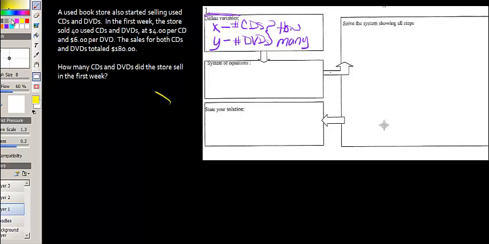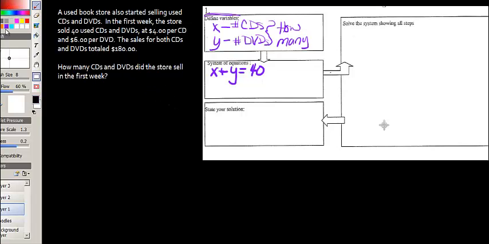So you have a total of 40. That means the CDs plus the DVDs equals 40. So how many CDs did we sell? We sold X. How many DVDs? We sold Y. The sum of those two is going to equal the total sold, which is 40. That's the first equation in the system, and quite frequently that's the one that kids miss. It's the easiest one to me, but that's the one they tend to miss.